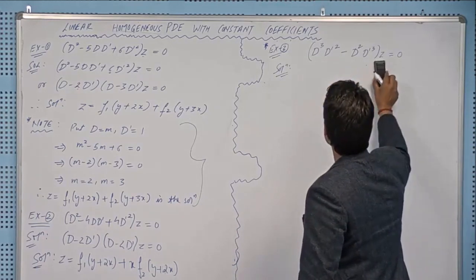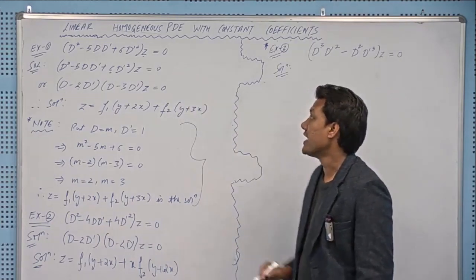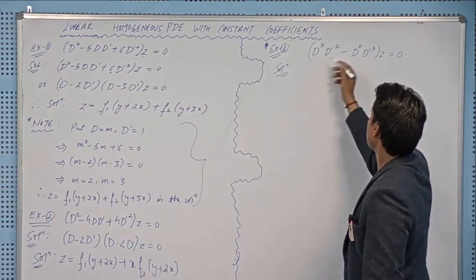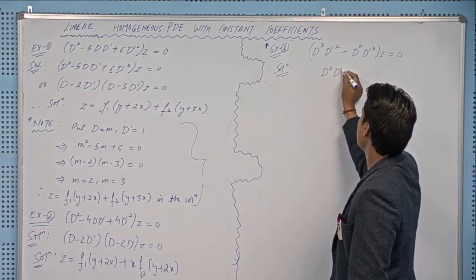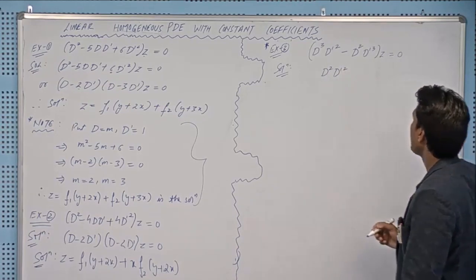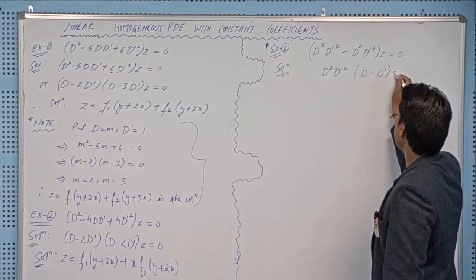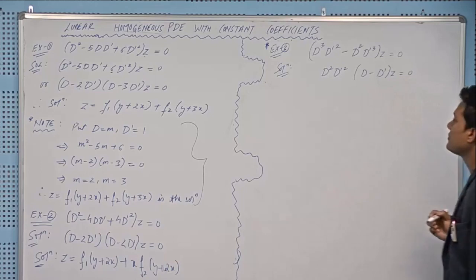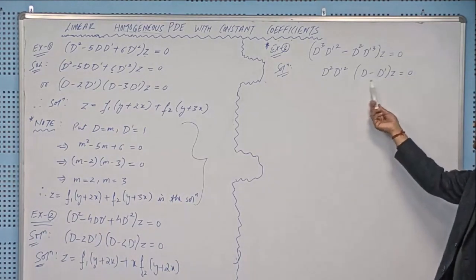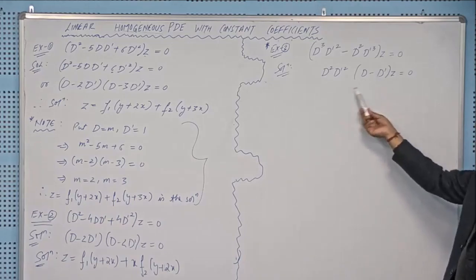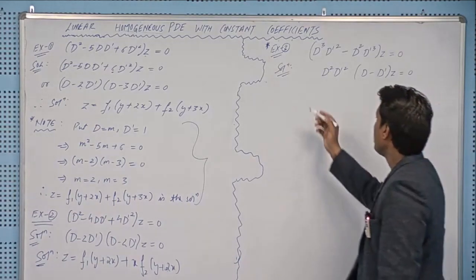So sticking to our original method, factorizing in D and D'. Look what happens. Try to take common. What is common in these two terms? D²D'², and inside bracket (D − D')z = 0. Remember that you have to factorize each and every term as a linear factor. This is a linear factor, this is not linear, D² and D'². So writing in linear factors, the factor is of the form D − mD'.